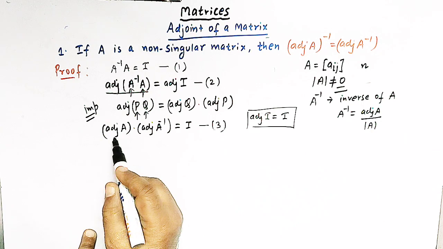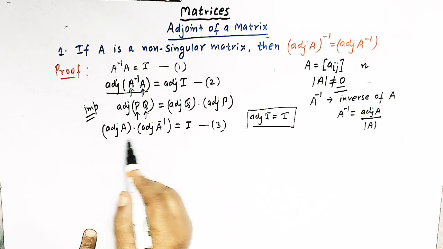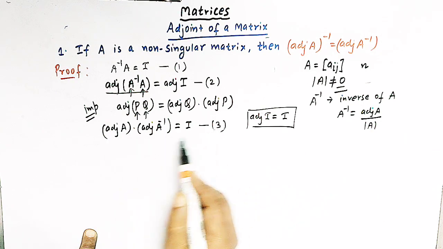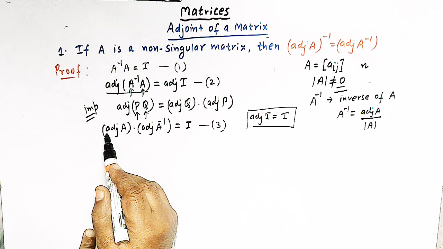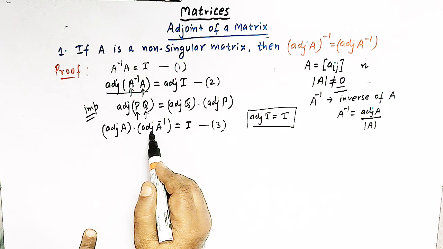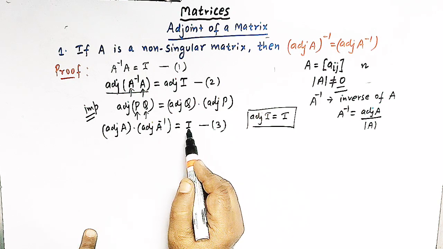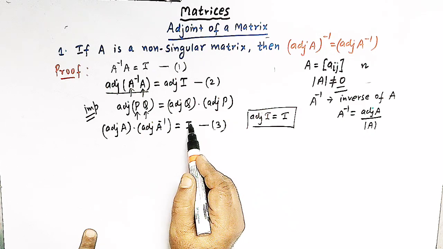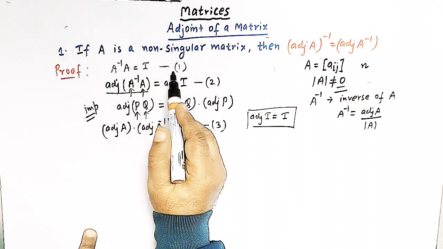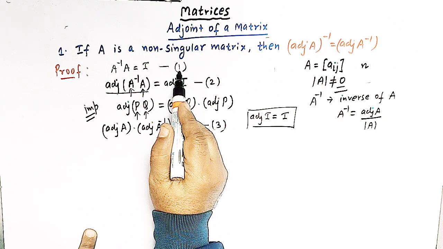Now, if we closely look at equation number 3, we can see that the product of the adjoint of A and the adjoint of A inverse is equal to the identity matrix. And let us see equation number 1.